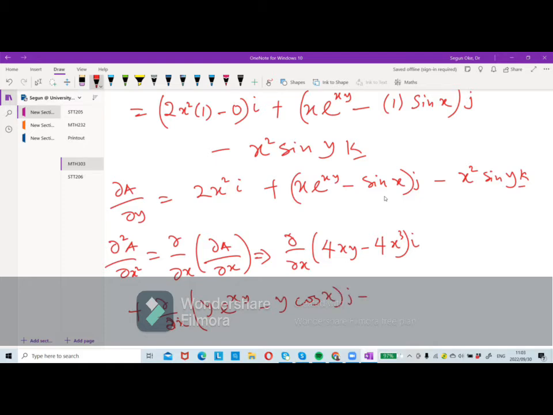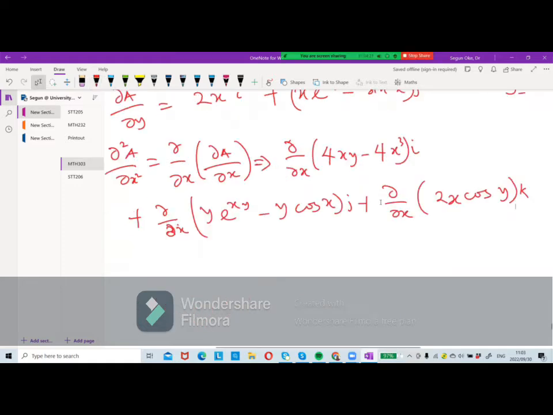Then the next plus d the x again. Then we have 2x cos y k. So we cannot differentiate it again. Hold all the y constant. Y at this point, they are constant. Don't forget.